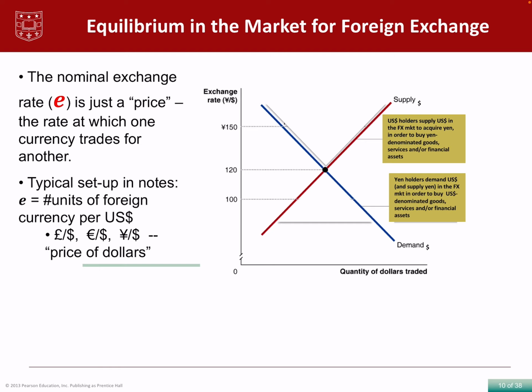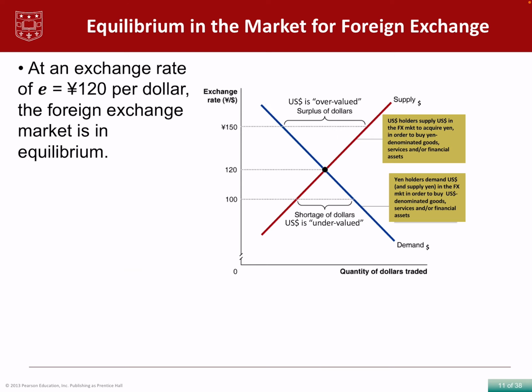So if we take, for example, the market for dog food, we would put on the horizontal axis the quantity of dog food. So the quantity of the thing that's being traded in this market, we're trading dollars. In the dog food market, we're trading dog food, of course.